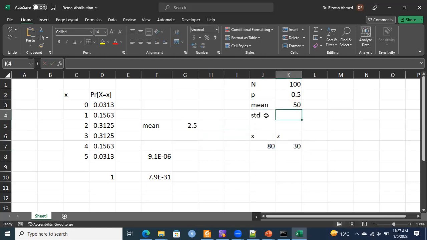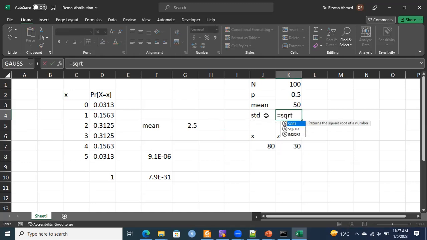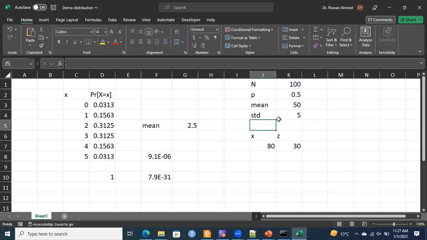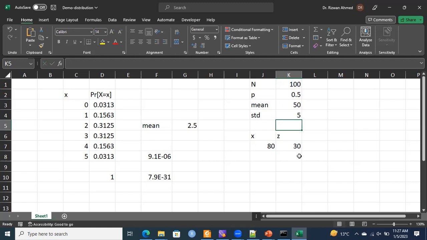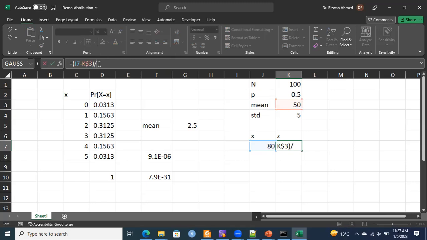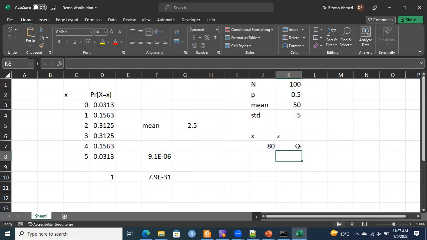So for the standard deviation I compute here the square root of n times p times q, which is equal to 25. So the standard deviation is 5. Is it correct? Okay, that's fine. So I have taken 80 for x, subtract the mean and divide it by the 5 value. So z is equal to 6.